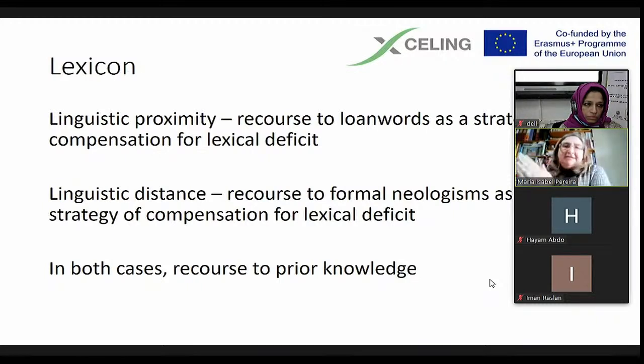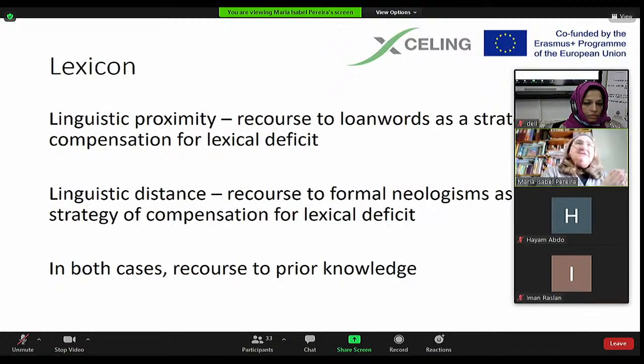Learners of Chinese, for instance, use the L2 knowledge they already have because they produce new words with the constituents they already know. So they use different strategies, but both strategies have recourse to prior knowledge.